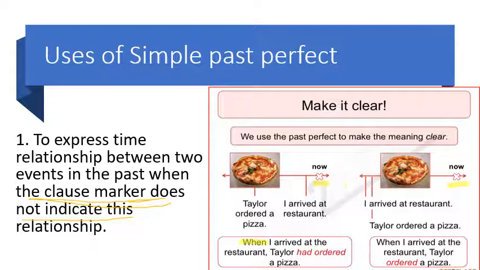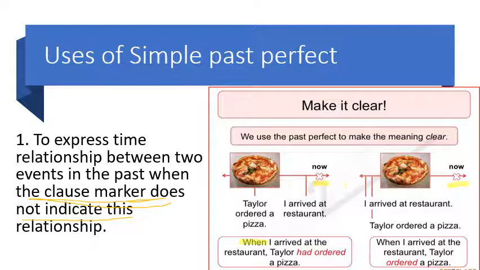I arrived at the restaurant. Taylor ordered pizza. Both of the two actions are in the past and they are both before the picture of the pizza. Okay, when I arrived at the restaurant, Taylor ordered pizza. This shows that the moment when he arrived at the restaurant, he ordered the pizza.